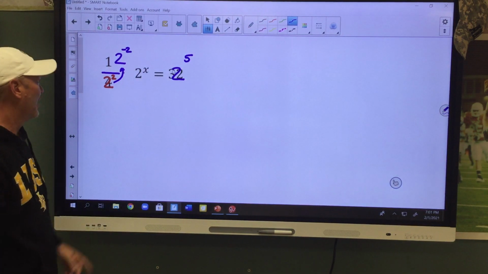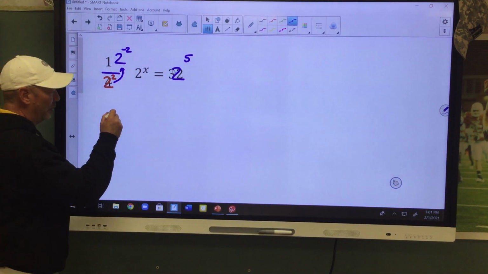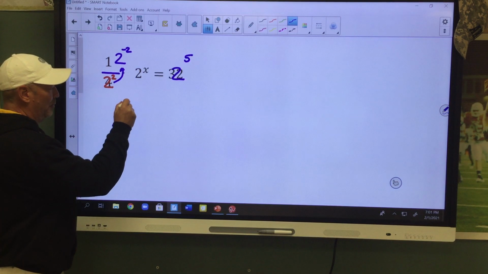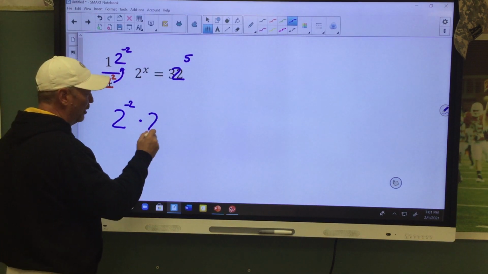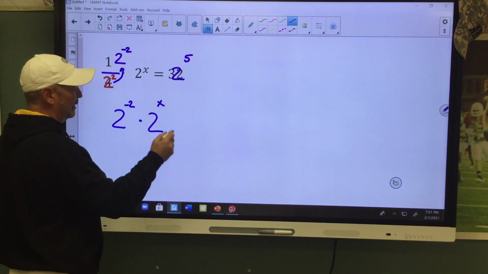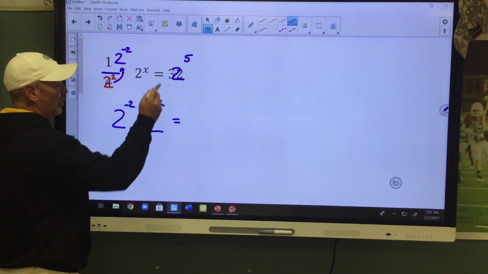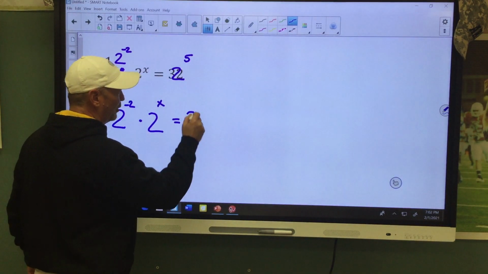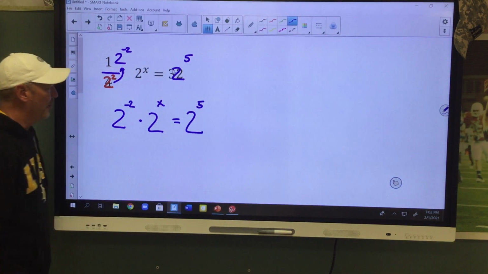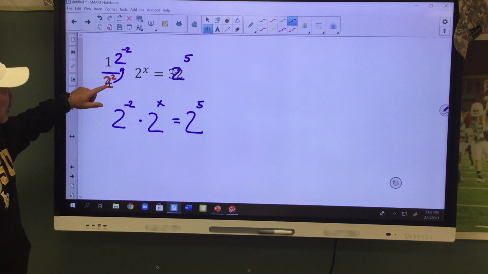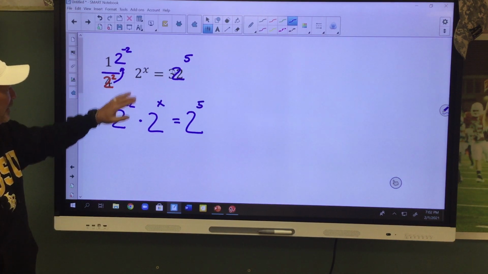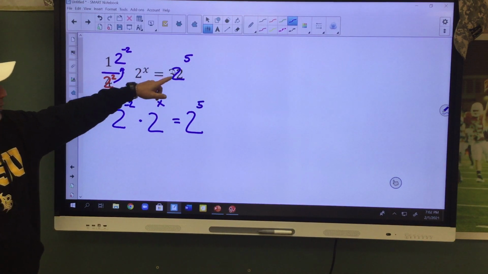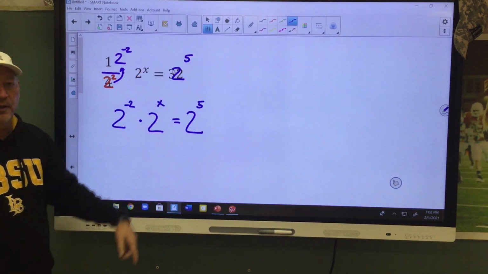Let's look at what we have. I have 2 to the negative 2 times 2 to the x equals 2 to the 5th power. Remember, we changed this to 2 to the 2nd, but when I crossed the fraction bar, it became negative. This is still the same, and we converted 32 to 2 to the 5th.